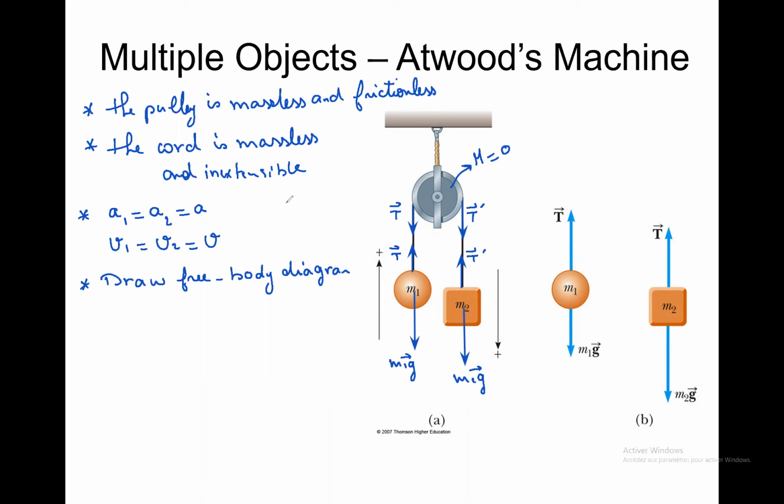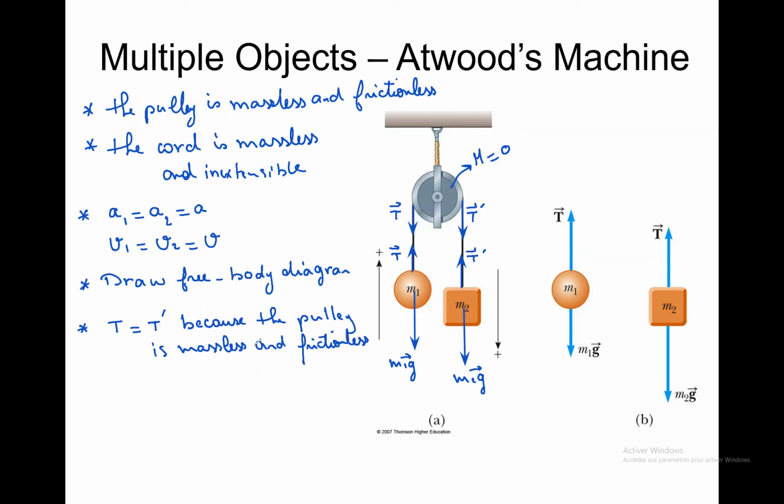T, in this case, T equal T prime because the pulley is massless and frictionless.